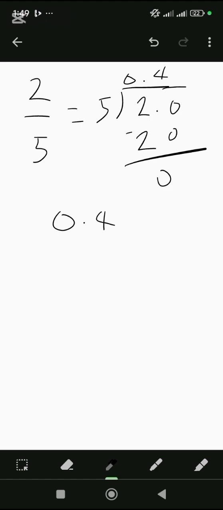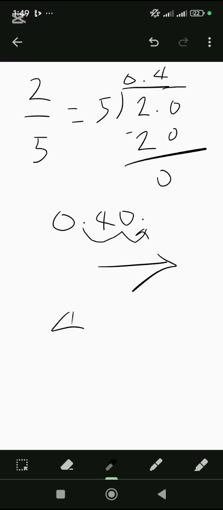Alright, we've just done the division. We are going to move this decimal point twice to the right hand side. And if we do that, it means we are going to have 40 here, because there's nothing here, so the point is here. And that will be 40%.